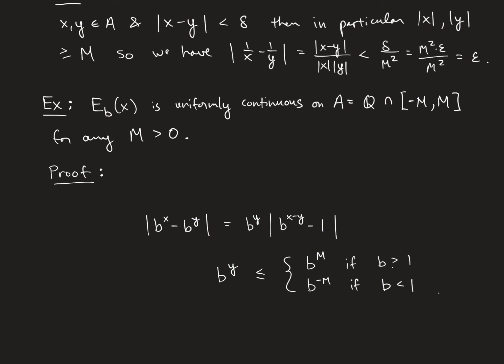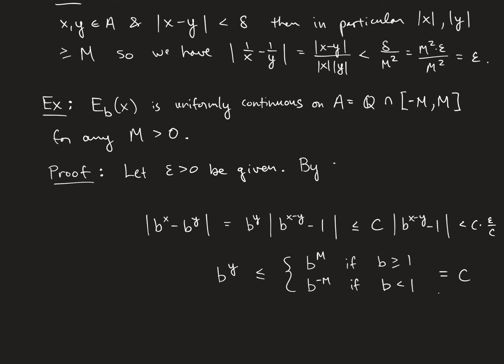And I guess we can just say greater than or equal to 1. The b equals 1 case is trivial. So in either case, call this constant c. Then this is less than or equal to c times b to the x minus y minus 1. And then by continuity at 0, we can choose our delta such that this second thing is less than epsilon over c.